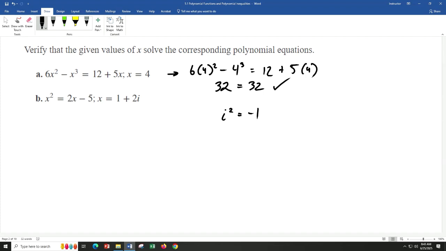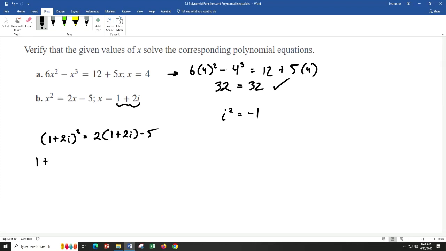So if the math doesn't start working, like what happened? That i squared turned into a -1. Okay. So notice on this one, we can do the same thing. We can plug this whole thing in. It's saying plug this in, and we're gonna do it everywhere there's an X. So I've got 1 plus 2i squared is equal to 2 times 1 plus 2i minus 5.